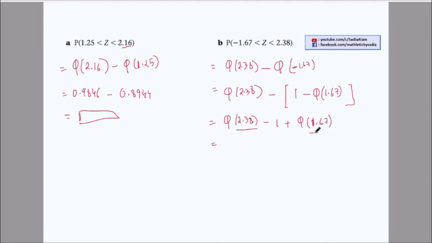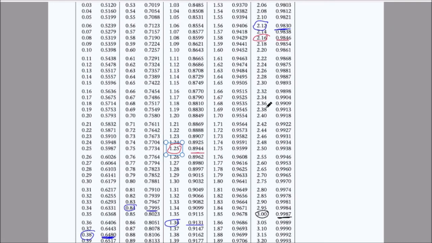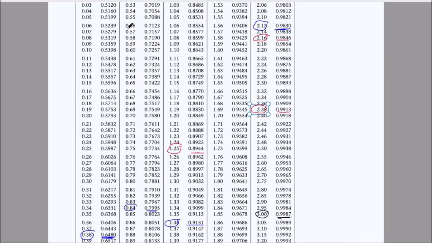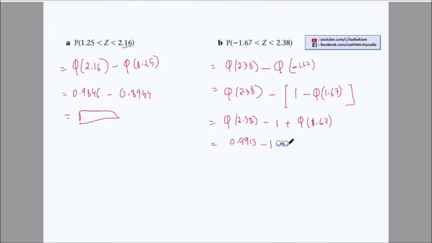We just pick this value from the table. 2.38 is the value for z. So 0.9913 minus 1 and plus this 1.67. So 0.9525. Solving this from the calculator, you will get the final result.